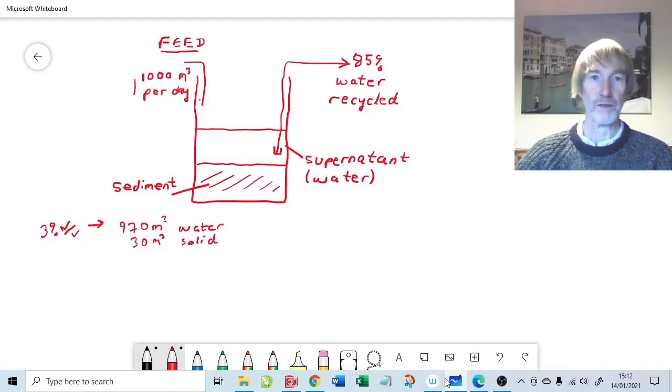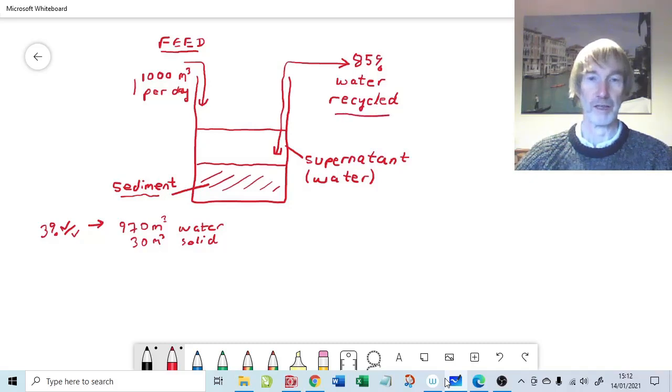The intention is to operate the process such that the materials allow us to settle, to sediment, hence we end up with this sediment just here, and we like to recycle to the process some of the water.